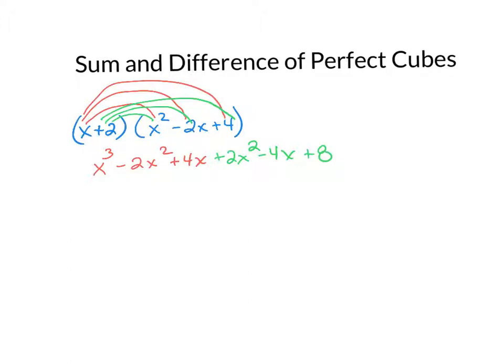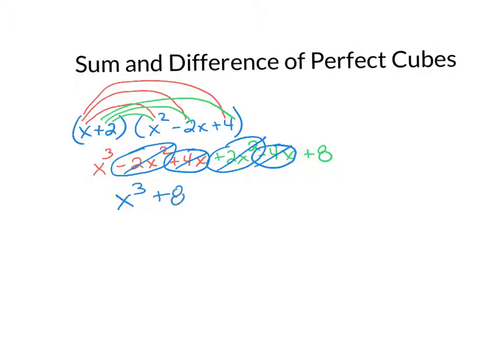If I simplify that now, you're going to see that some things drop out. I have a subtract 2x squared and a plus 2x squared. Both of those drop out. I have a plus 4x and a minus 4x. Both of those drop out. And I'm left with x cubed plus 8.